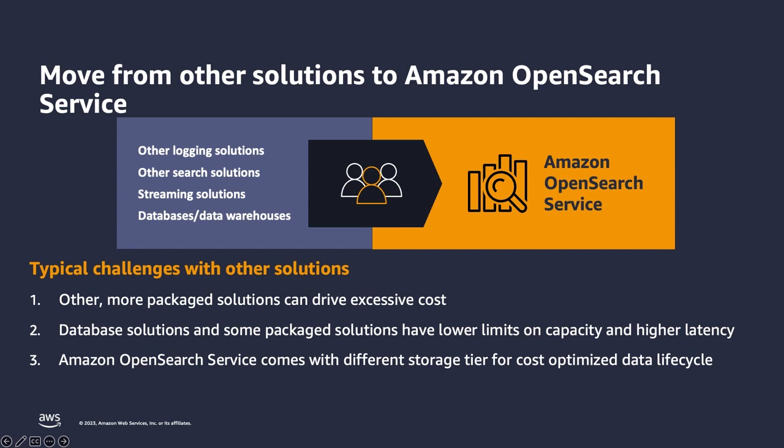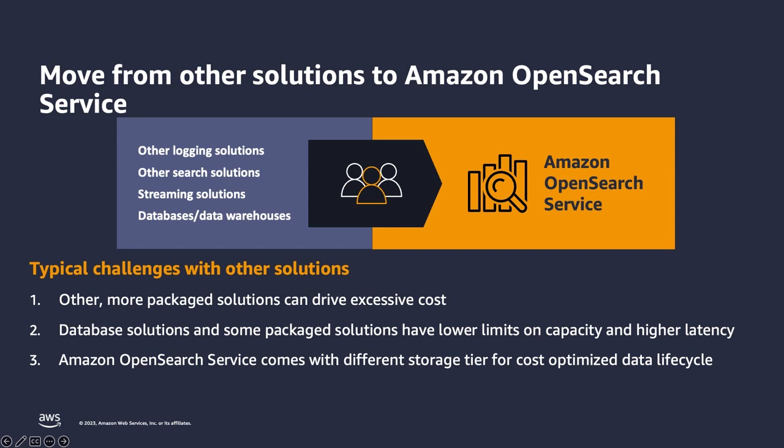Now, Amazon OpenSearch Service is a search cluster, and the way that we achieve additional features or functionality is by the use of plugins. So you have the Amazon OpenSearch Service as a search cluster itself, and as part of the managed service, we also include certain plugins that you can use for alerting, monitoring, traces, service map within the observability.